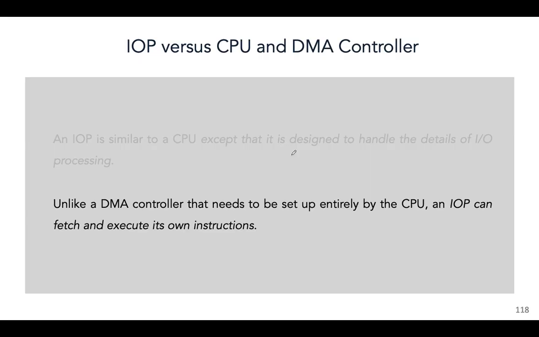So first it is initialized by the CPU, and then it goes on and does its entire processing independent of the CPU. And IOP, on the other hand, does not need to be initialized because it's a processor on its own. So it has the capability to fetch and execute its own instructions. It does not require any kind of initialization from the CPU.